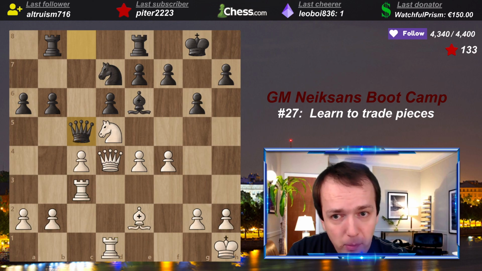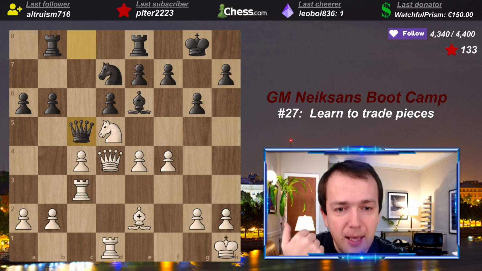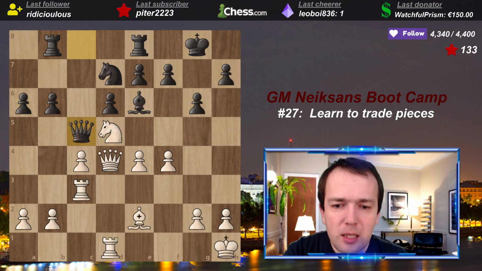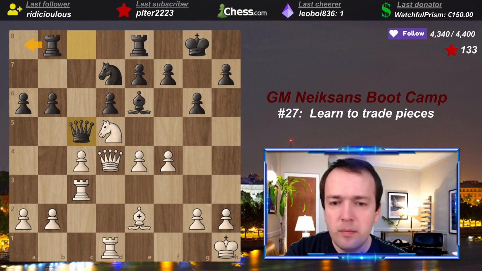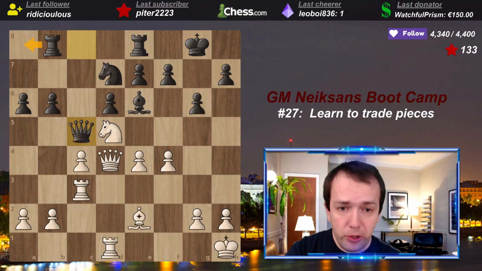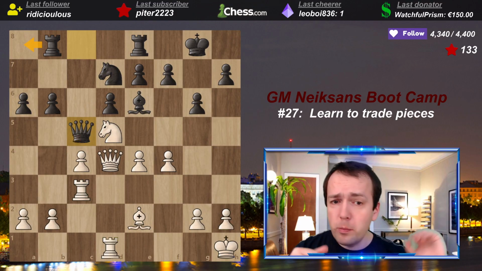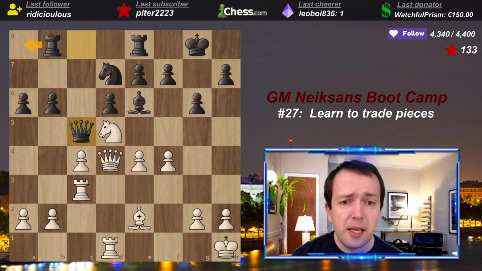So, for example, black could have had the rook not on b8, but on a8. Right here. Now, if you are blindly following the rule, oh, he's offering me the trade, I'm the one playing for the checkmate, I'm the one who's supposed to deliver this big idea at the kingside, you're going to miss it. You're going to miss it all the time.